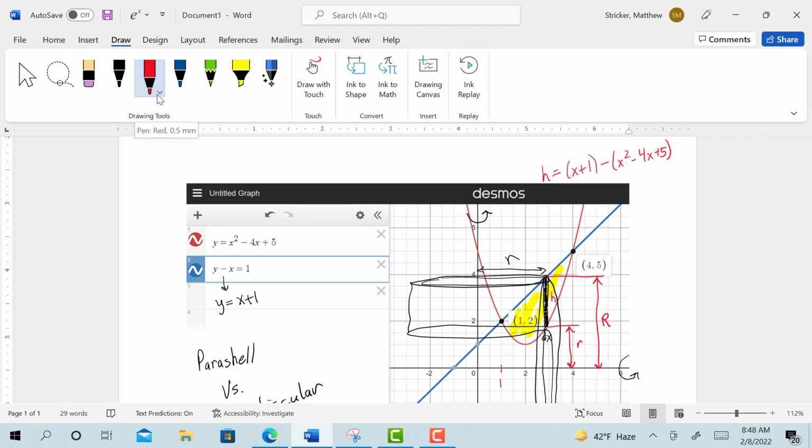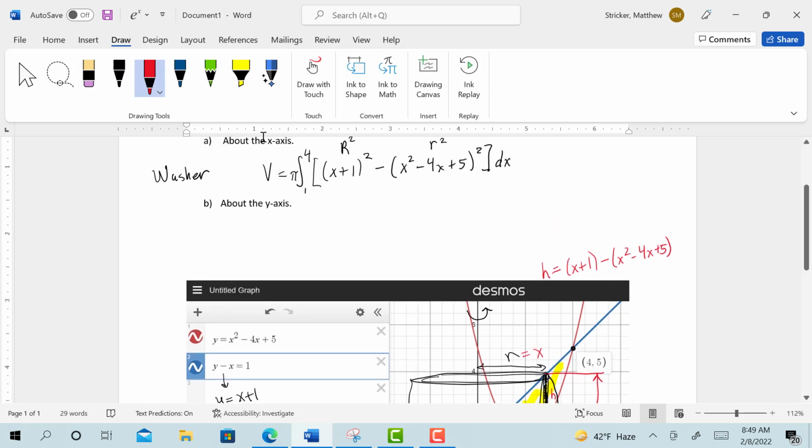And r is the x distance to the curves, since we want everything in terms of x. So using the shell method, our volume still goes from 1 to 4.